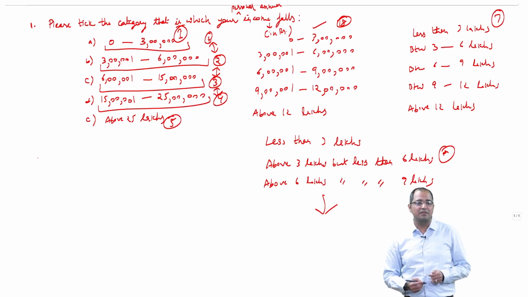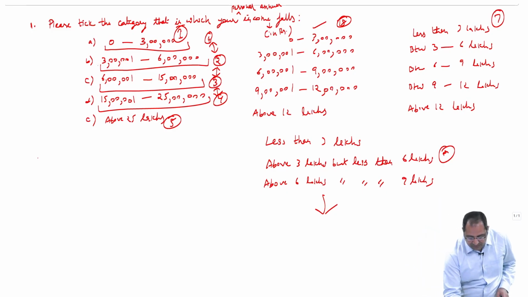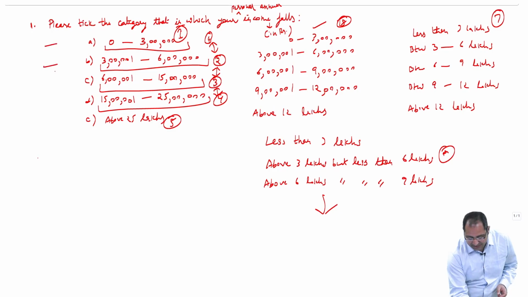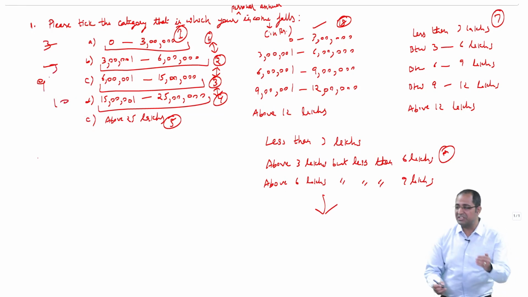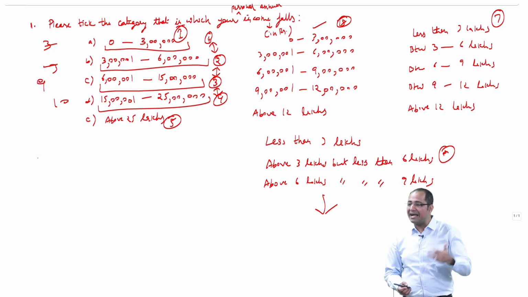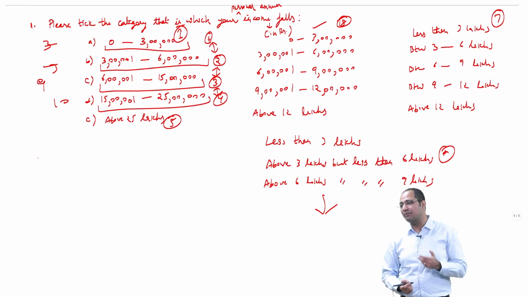Data entry coding, which is coding of the answers, becomes a problem because these intervals are not constant. There is a 3 lakh difference here, 3 lakh difference here, but here the difference is 9 lakh, here it is 10 lakh, here it is 3. Since the interval difference is not consistent, we cannot code them as an interval scale, and there comes the problem.